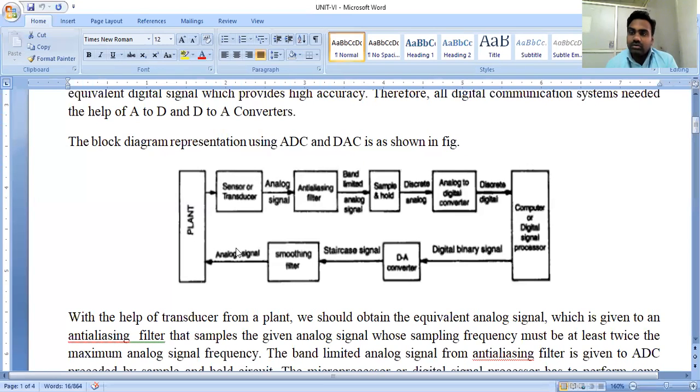So this is how we analyzed the digital signal into an analog signal and the analog signal into a digital signal. In a similar manner we explained the block diagram.